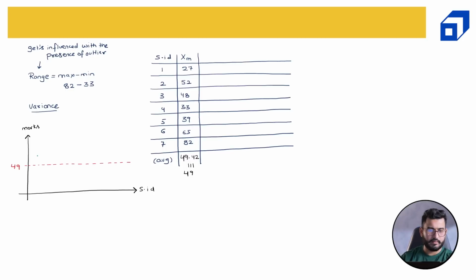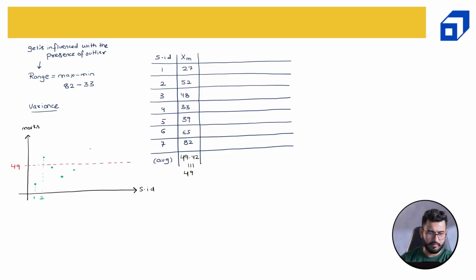Now let's mark all these numbers. So 27 would lie somewhere around here. So this is student number 1. Then we have 52. So this is my student number 2. And then we have 48, which is very close to the average. So this is 48. Then 33, somewhere over here, then 39, maybe over here.